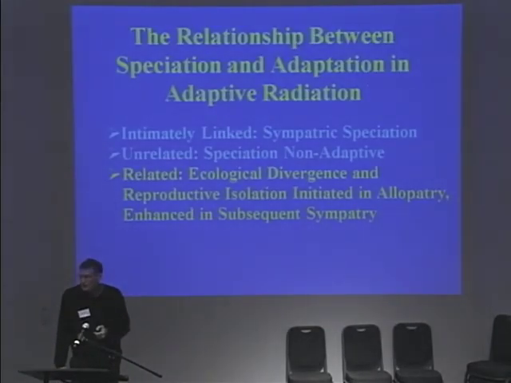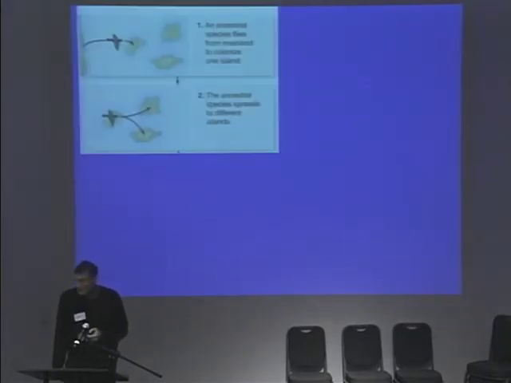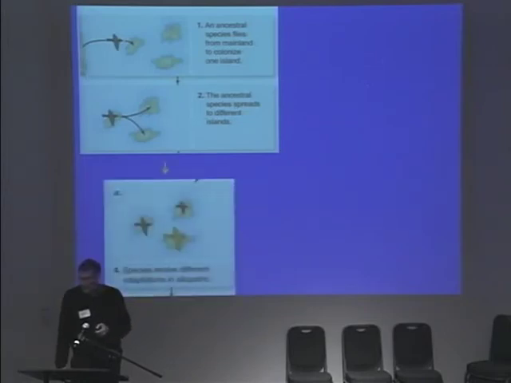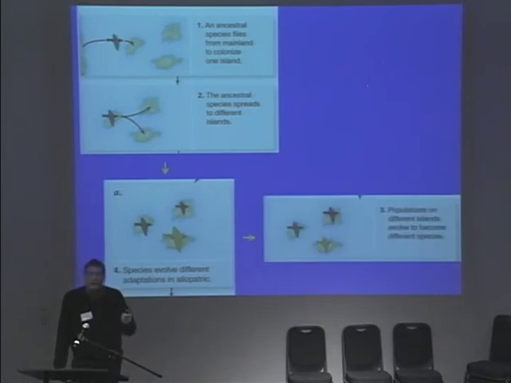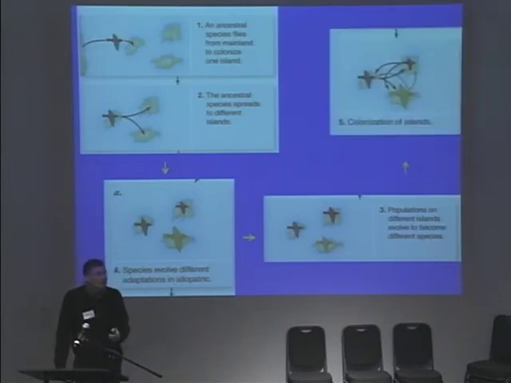Lastly, mentioned by Rick Harrison yesterday and by Doug Futuyma early on, it may be that ecological divergence in allopatry plays the role by initiating the process. Species begin to diverge in allopatry as they adapt to different environments, and ecological adaptation can drive speciation as an incidental byproduct. That then produces the ecologically divergent forms that, when they come back together, can accentuate their differences and end up with an adaptive radiation.